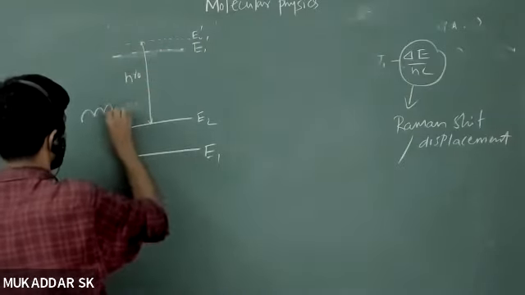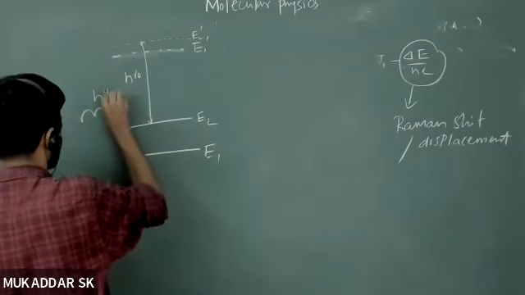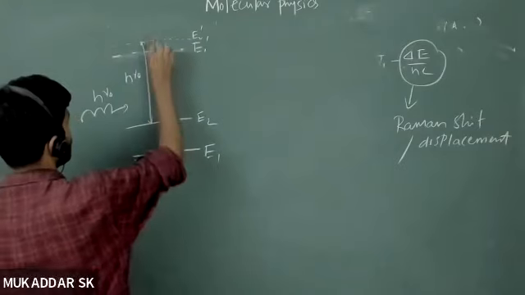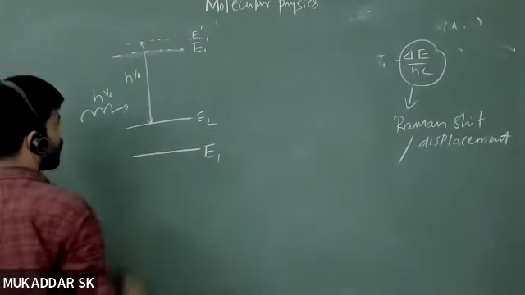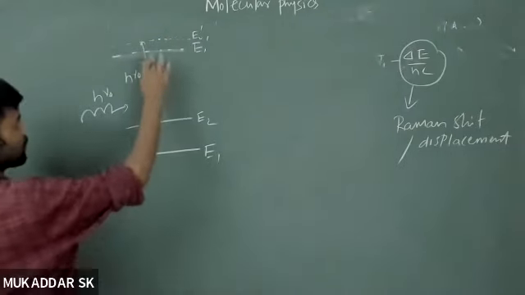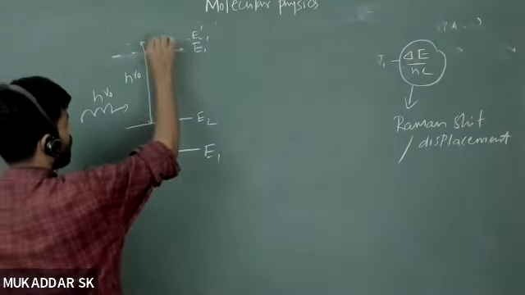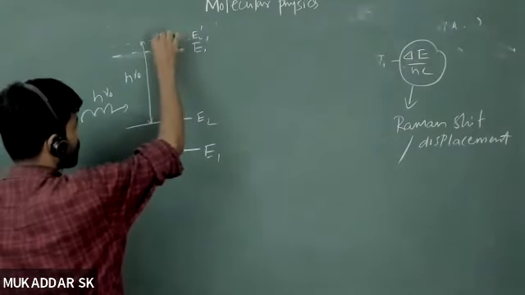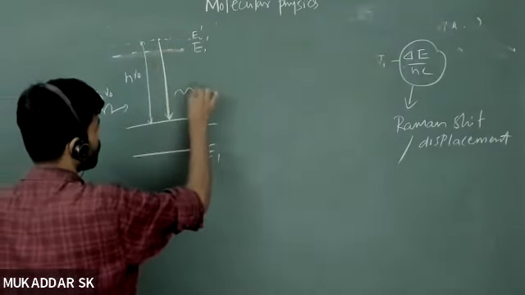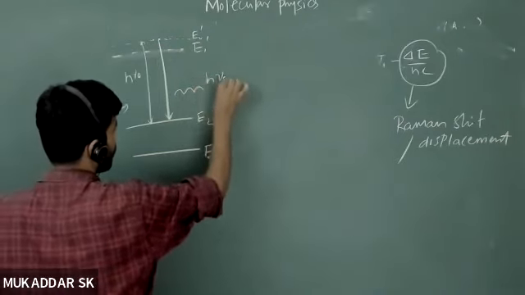So when you send in this photon h nu 0, the atom will jump from here to here. Atoms or molecules here, not atoms, molecules. So the molecule will jump from E2 to E2 dash. Then when that molecule is here, it can jump from E2 dash to E2. That will produce a Rayleigh line, right?